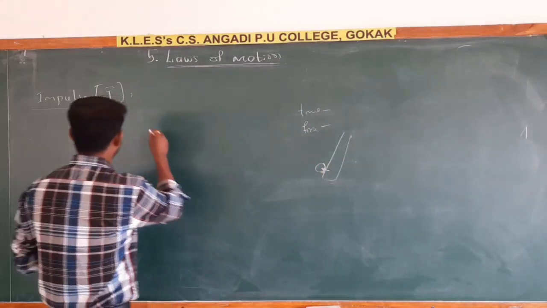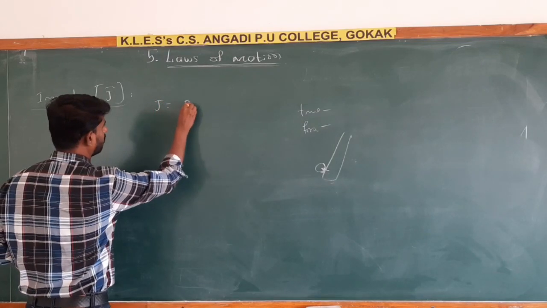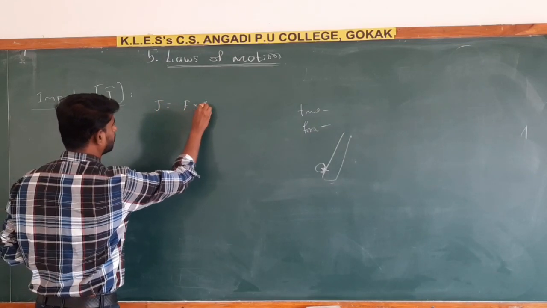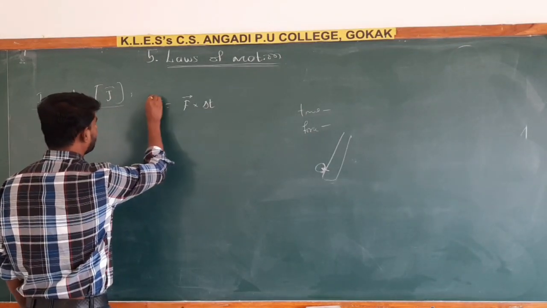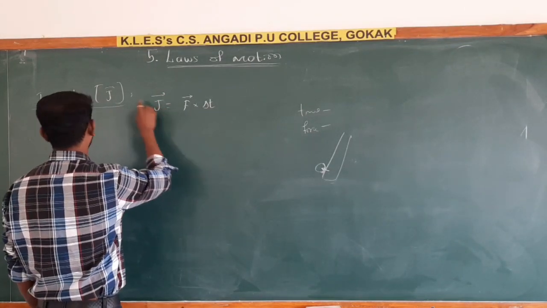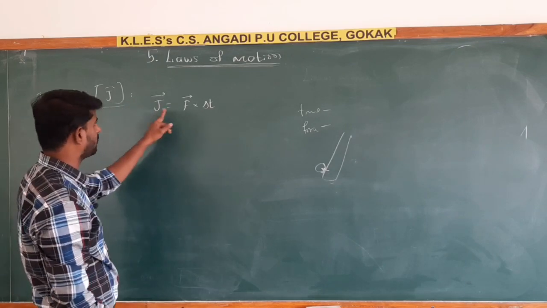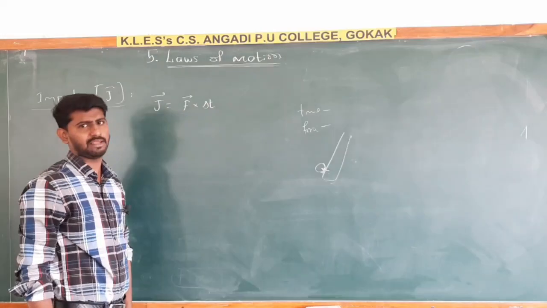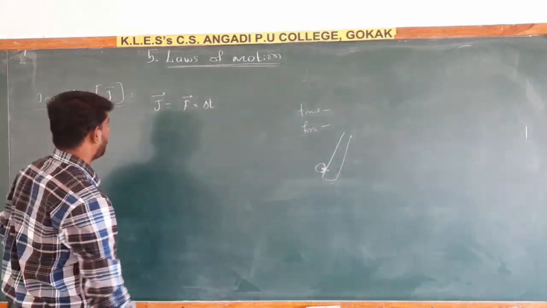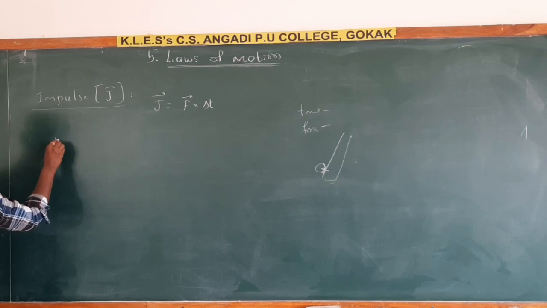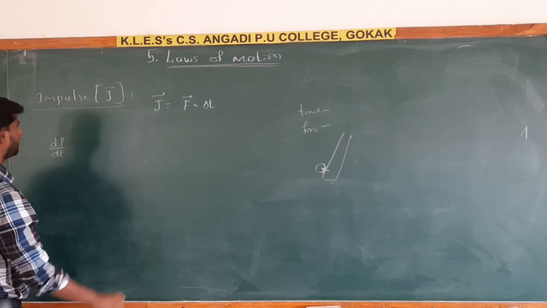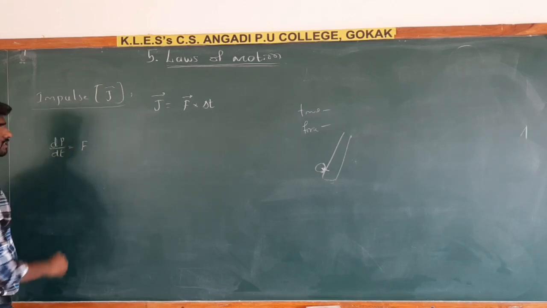Okay, so how to get the impulse? That is J is equal to force into the small interval of time, that is delta t. And force is a vector quantity, that's why the symbol of impulse is J. So J is equal to force into small interval of time. Is it clear? Okay, and we know Newton's second law of motion, that is dp by dt is equal to force.